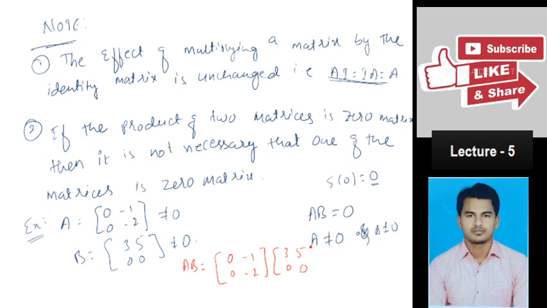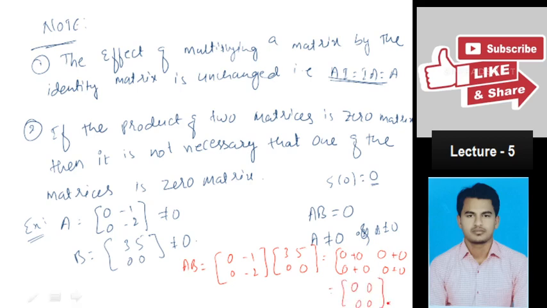Okay, 3500 now is equal to 0 into 3 0 plus minus 1 into 0 0, 0 into 5 0, minus 1 into 0 0, 0 into 3 0, plus minus 2 into 0 0 plus 0, it is equal to 0 0 0 0.